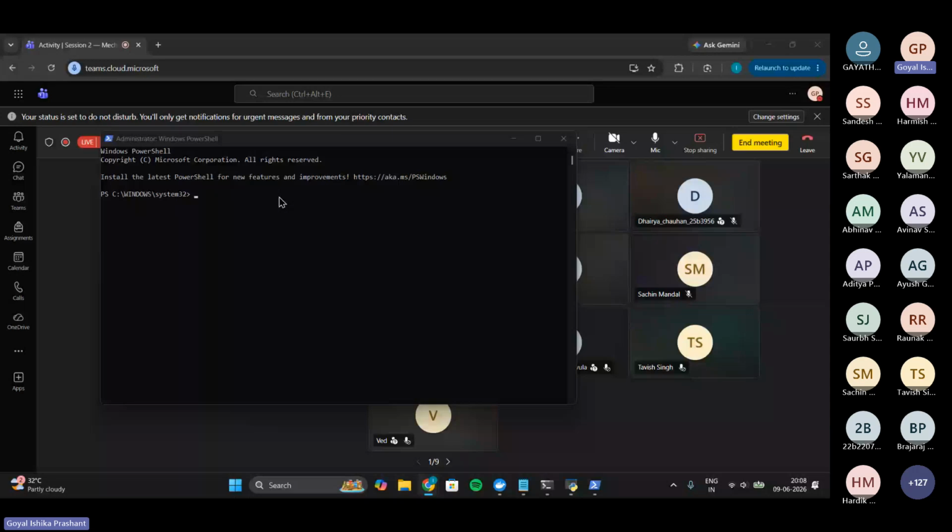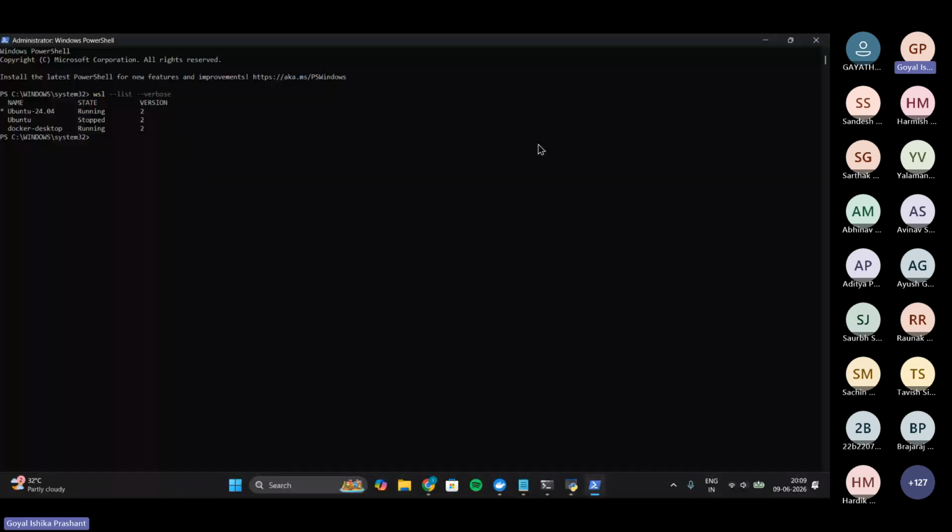Now, to check if you already have WSL installed, you type in this command, and if you do have it installed, then it will show you the list of all the distributors.